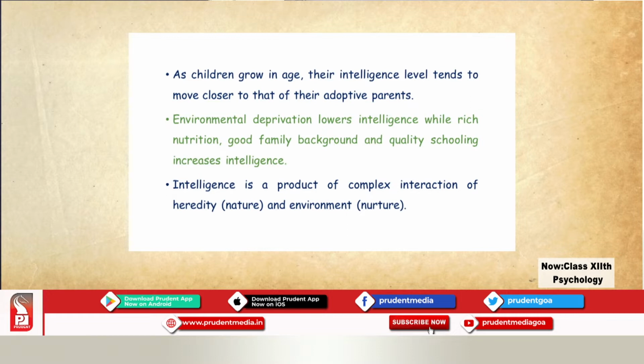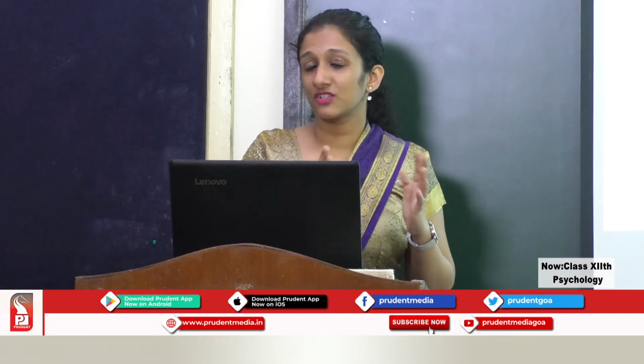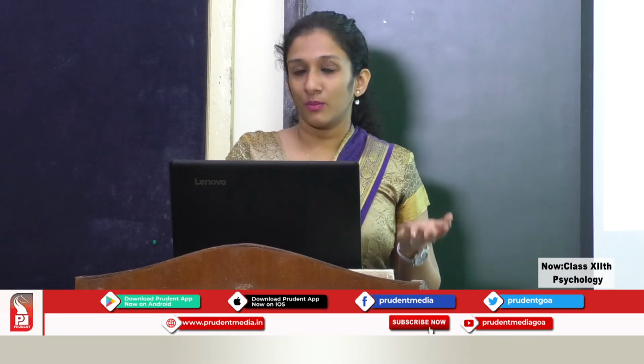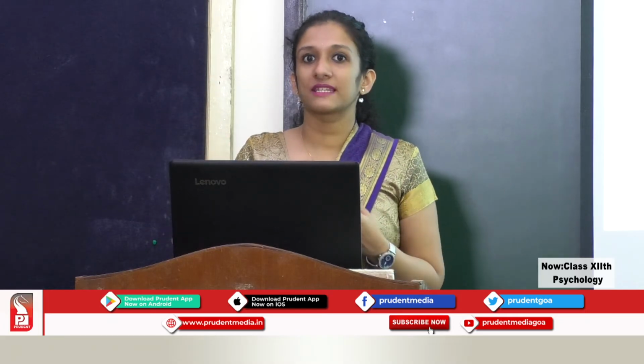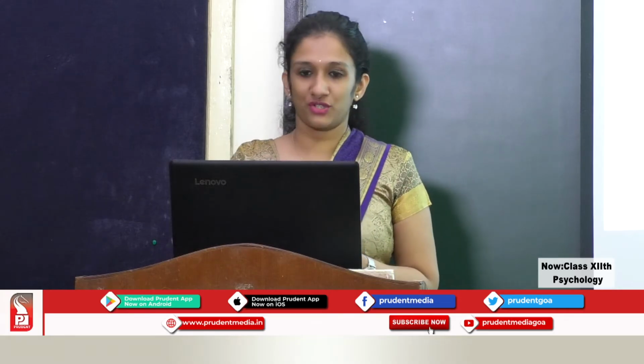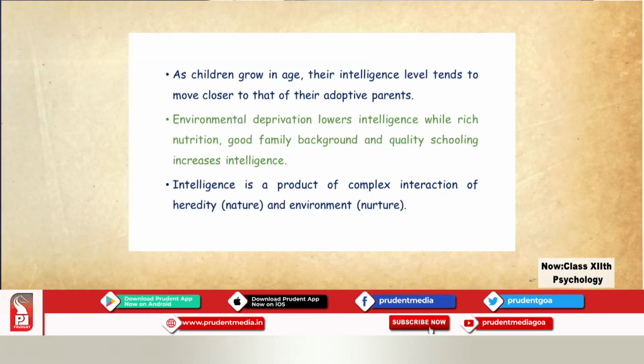So initially the intelligence level will be more like their biological parents, but as they grow in age, that shows that environmental interaction plays an important role, and their intelligence level tends to move closer to that of their adoptive parents.